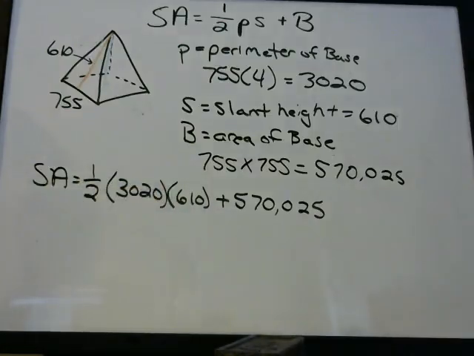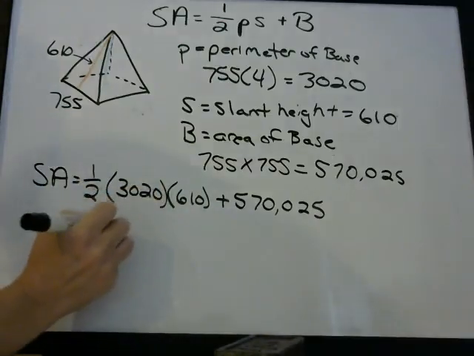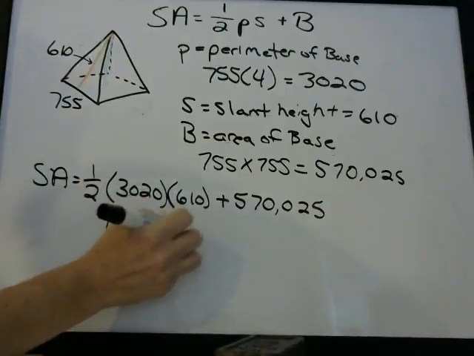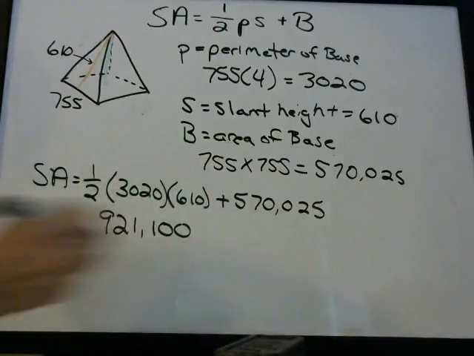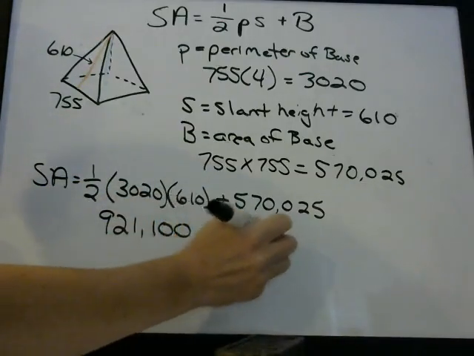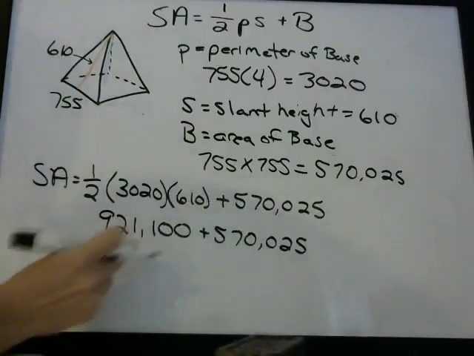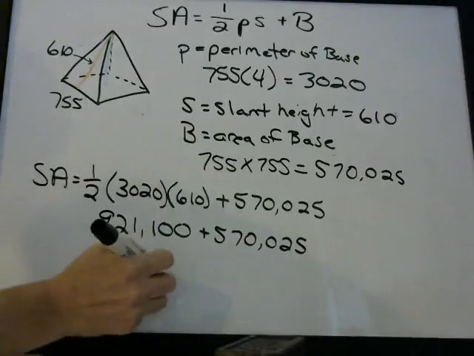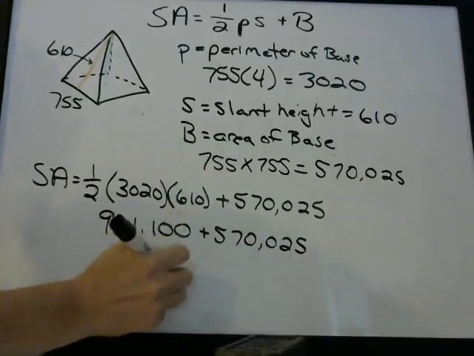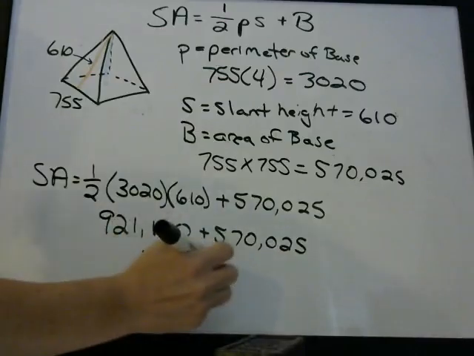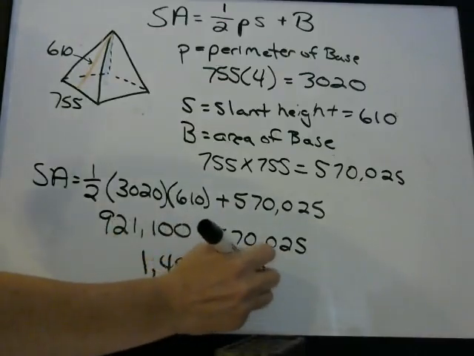You can plug that into your calculator. You're going to get 921,100 plus 570,025. You add these two numbers together with your calculator, you're going to get 1,491,125 square feet.